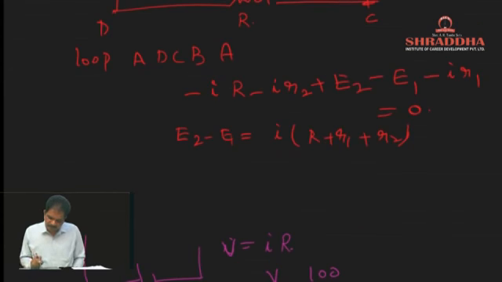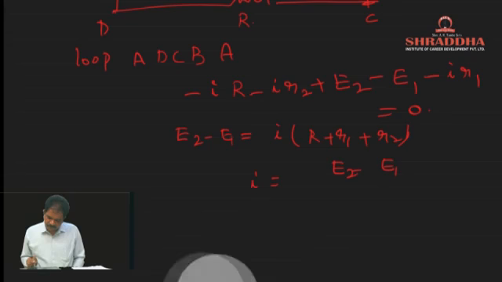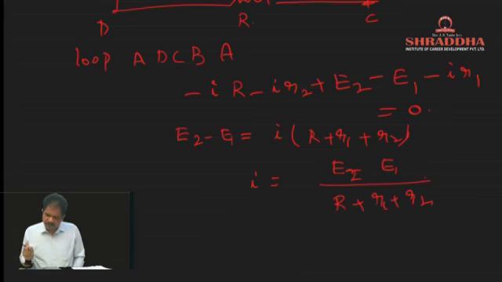Then we can write I is equal to E2 minus E1 divided by R plus r1 plus r2, to find the current in the circuit.